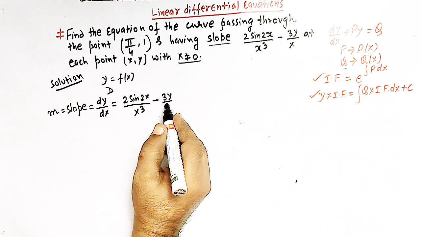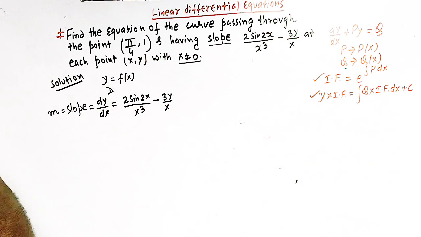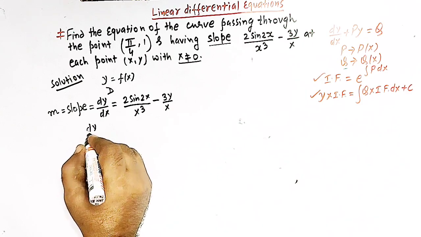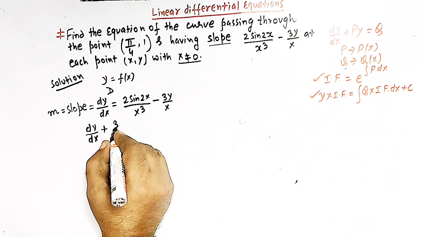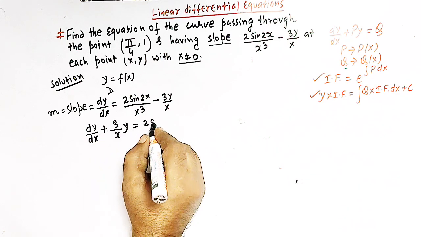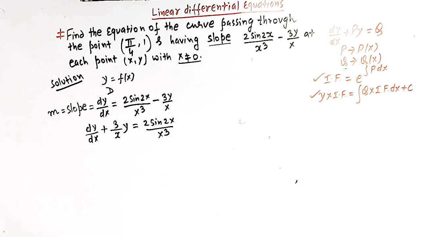So now let us take this term, that is minus 3y over x, to the left hand side, right? So we have here dy over dx plus 3 over x times y, and here we have 2 sine 2x over x cube, right?